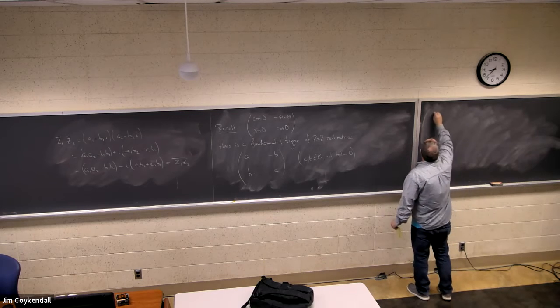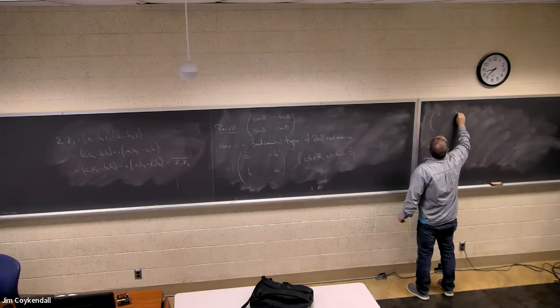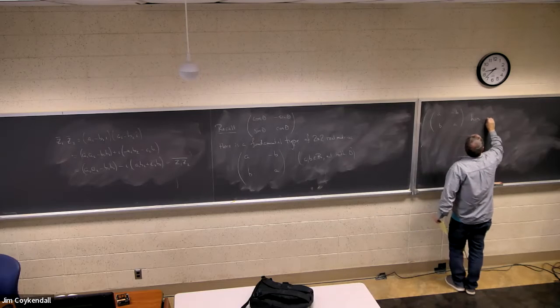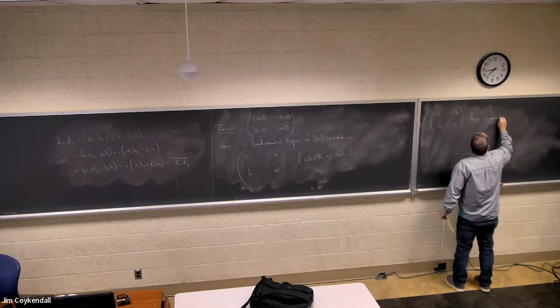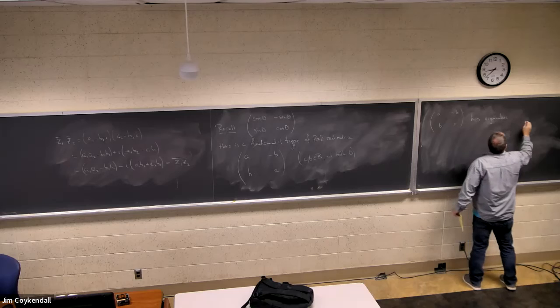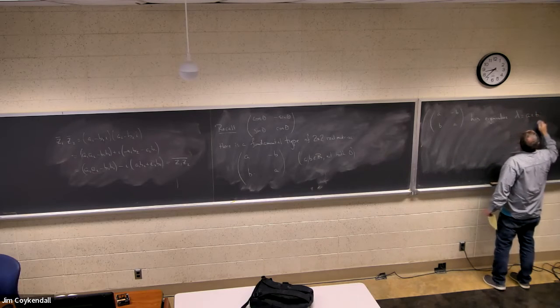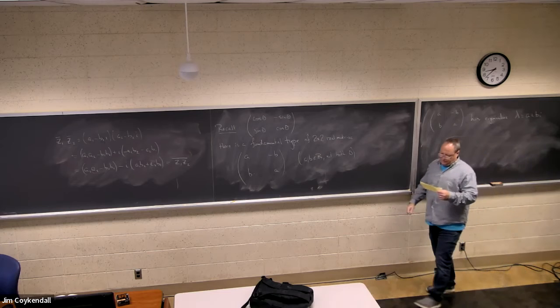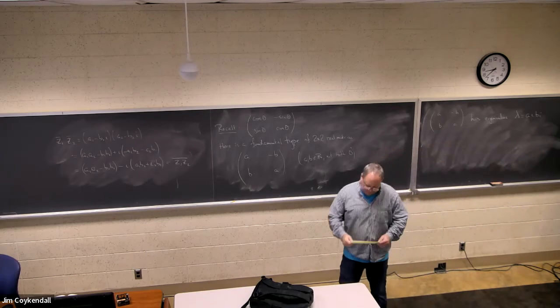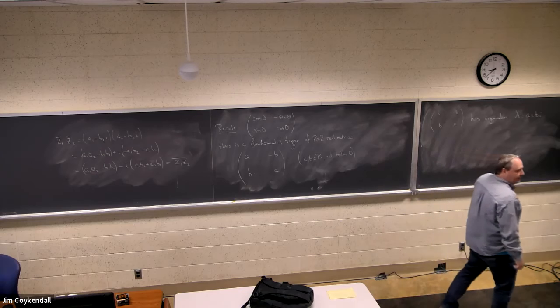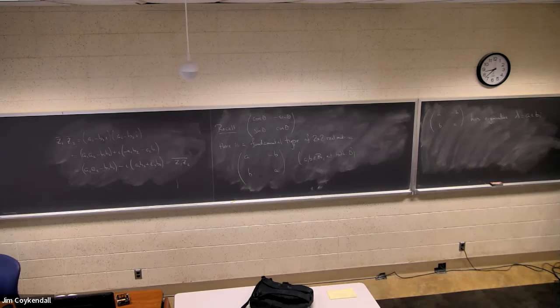If you look at this matrix, it has eigenvalues A plus or minus BI, as it turns out. I'm going to leave that as an exercise. See if you can figure this out. This would be a good little exercise to show you this is eigenvalue A minus BI.